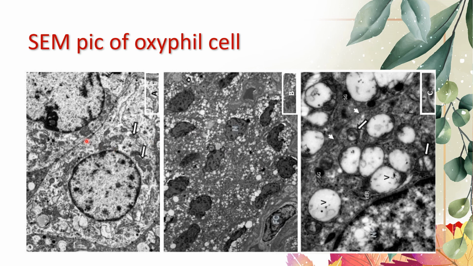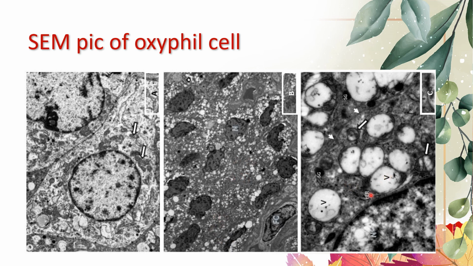This is the scanning electron micrographic picture of the oxyphil cell. Here you can see the nucleus, and the arrows show the presence of mitochondria. In this diagram you can see an irregular shaped nucleus and usually vacuolated cytoplasm because of clearing of the water and the lipid containing droplets from here.